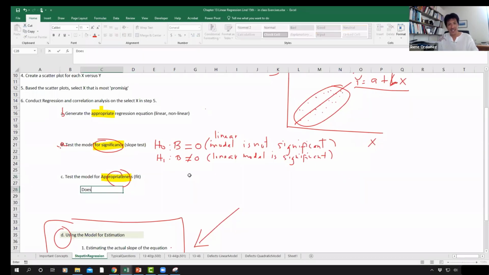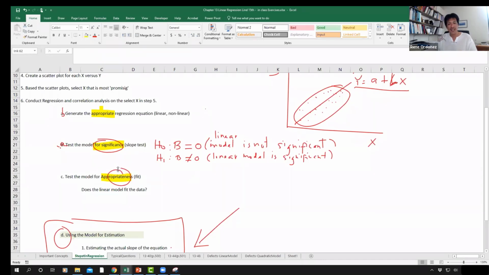So they say, does the linear model fit the data? That's essentially what we're trying to answer when we test the model for appropriateness.